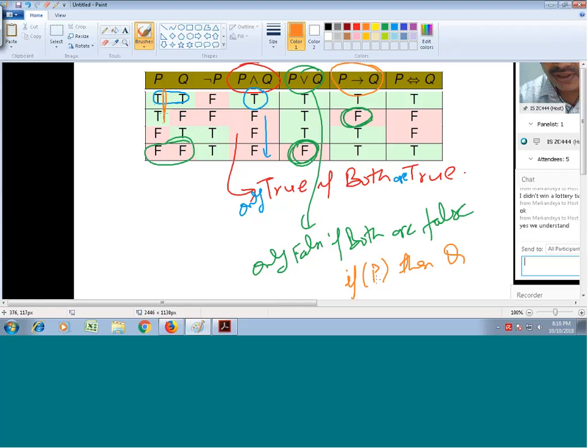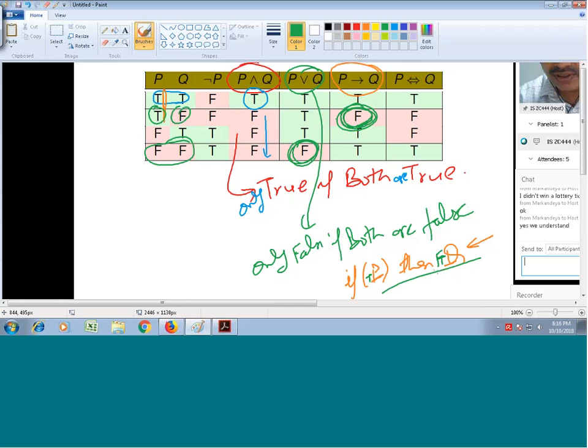If this is true, then this should also be true. The only thing required is that when this is true, then this should also be true. If this is true and this is false, it is a bad thing. It should not happen. If it is true and it is false, then the statement is false. Only then it is false.